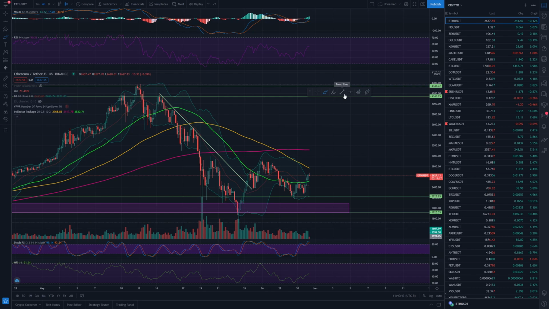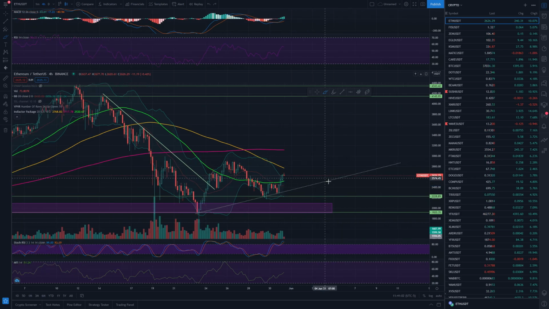And then as you can see, we have these resistance lines, but you can also use diagonal support and resistance lines like this. This is a diagonal line, it had a reversal right here, a reversal of reversal. So you would think that once it hits here, it would reverse back up. But the thing about these is you need strong rejections of these support lines.